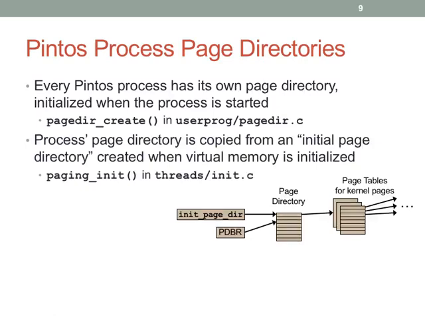So there's various things that initialize. You guys probably saw some of this when it came to argument processing and so forth. You have threads init.c, and it has a function called paging init. It initializes this data structure called init pagedir. And you'll notice that it sets up a page directory and does all the kernel address mapping.